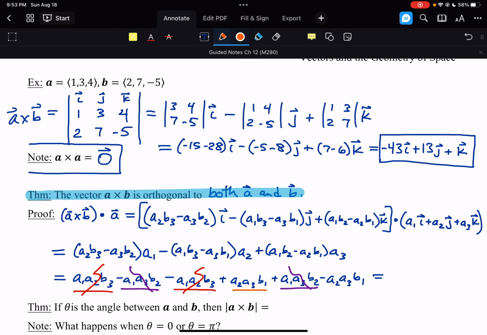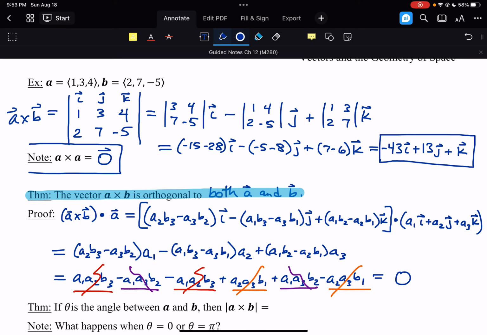And a2, a3, b1 minus a2, a3, b1. So those are gone as well. Everything has canceled out, and all we are left with is 0. And again, this is not the 0 vector. This is the number 0.